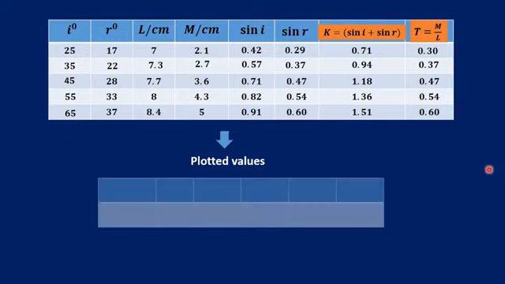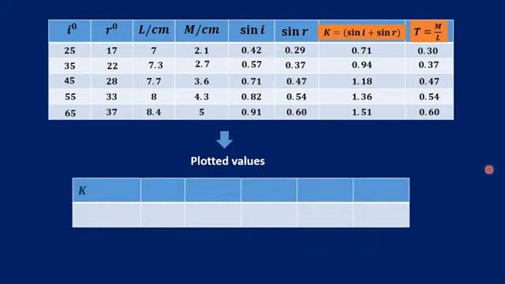So for the plotted values, we need the values of K. The values are all decimals, and it will be very difficult to plot decimals on the graph accurately. So we convert them to standard form. We move this point twice to the right, so we have 71 times 10 exponent negative 2.